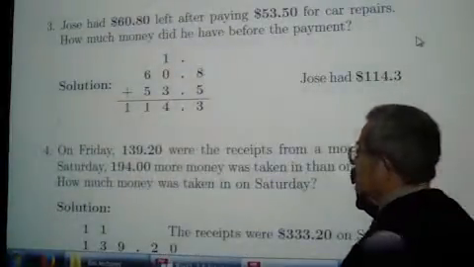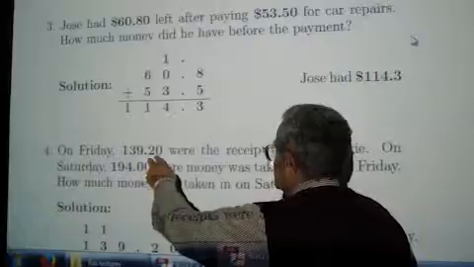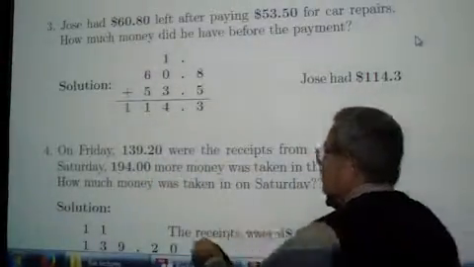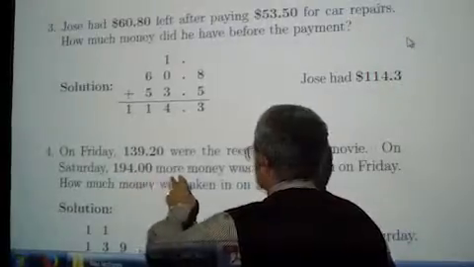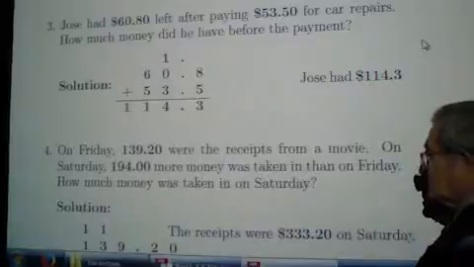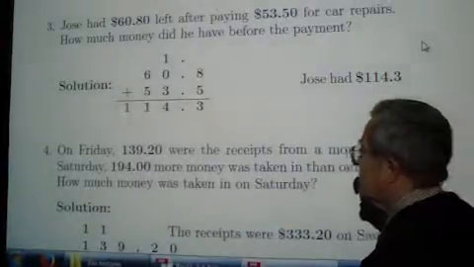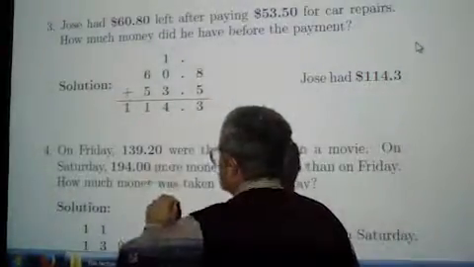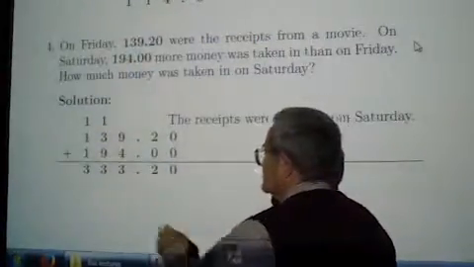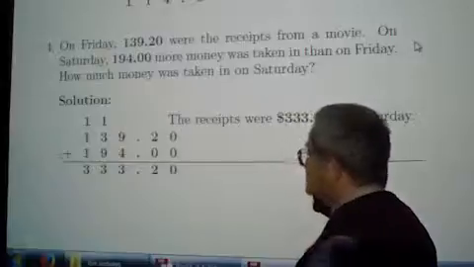On Friday, $139.20 were the receipts from a movie. On Saturday, you had $194 more money than you took in on Friday. So how much money did you take in on Saturday? 139.2 plus 194, which apparently is $333.20.